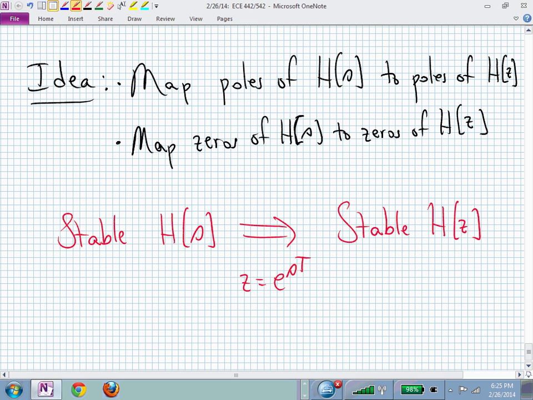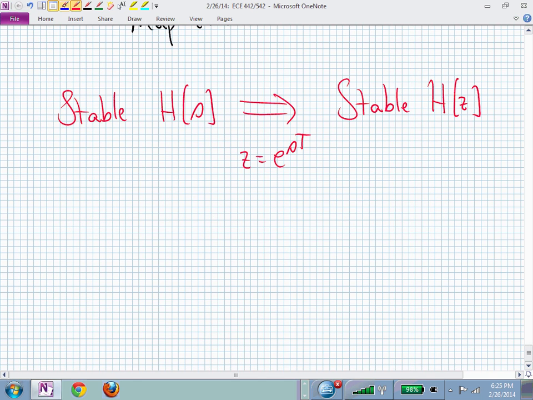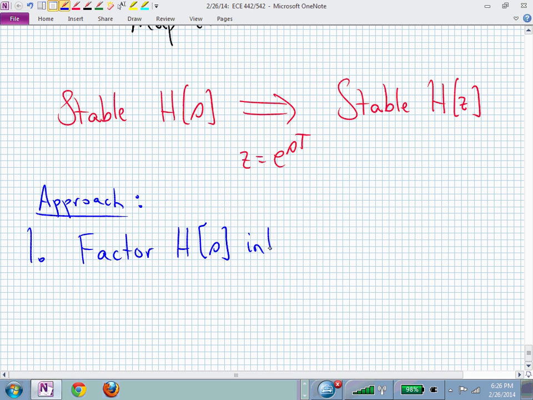Here's the approach. I'll try to do this in stages or steps. And again, this is just a discrete equivalent approach. The first thing we do is we factor the original transfer function, capital H of S, into pole and zero factors.